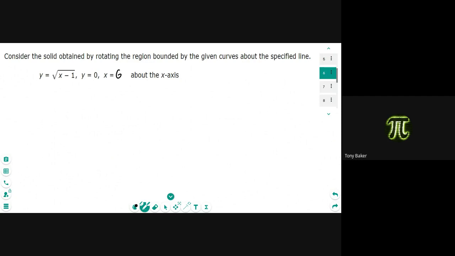Let's see if I can find it. Pi r squared. Why is it pi r squared? Because that's the disk method. Actually R is outer minus inner.